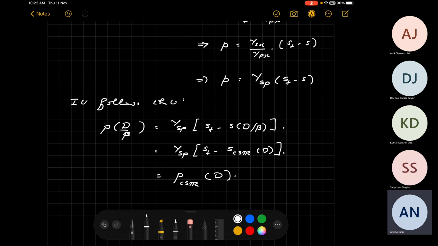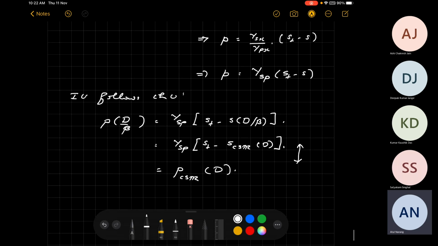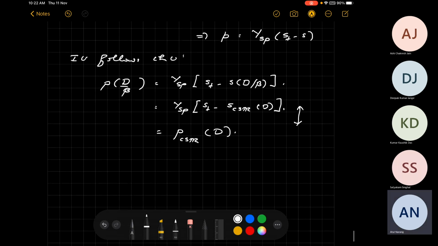If you have any trouble understanding this relationship, this jump here, then keep in mind that just as the amount of biomass formed in a chemostat is Y_SX multiplied by (S_F minus S), the amount of product formed in a CSTR is Y_SP multiplied by (S_F minus S).